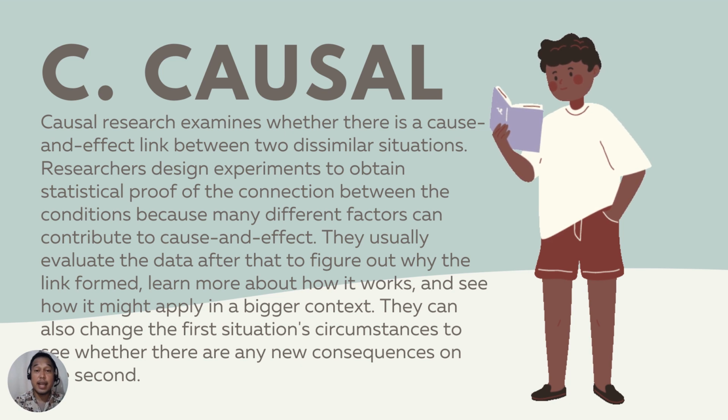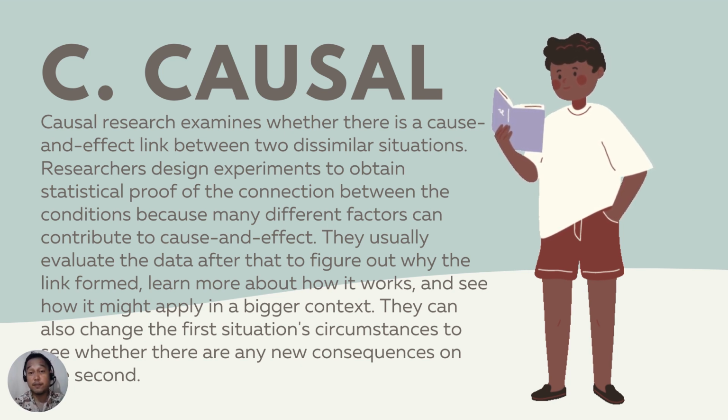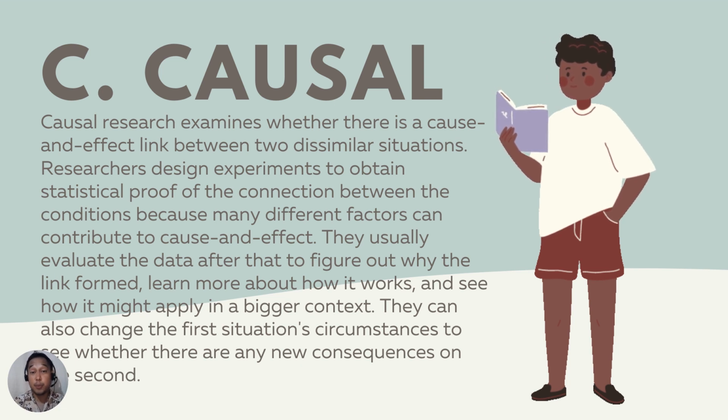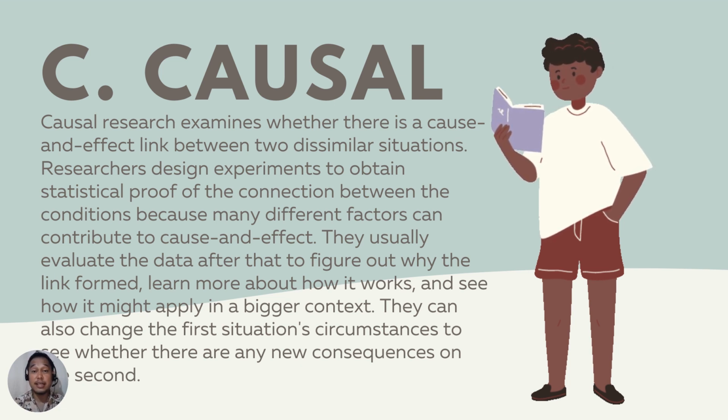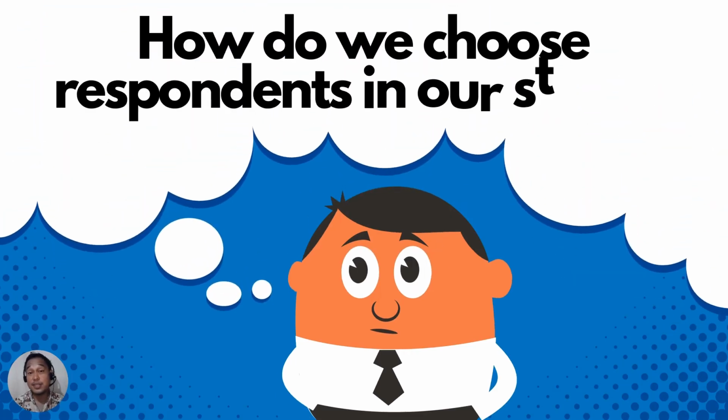Now, since you already know the three kinds of quantitative research design, and let's say you already have identified which of these designs is appropriate in your particular research study, the question now is how do we choose the respondents in our study?